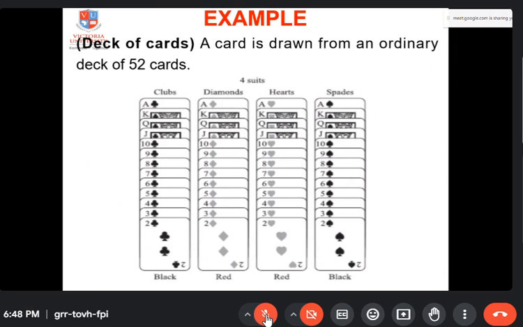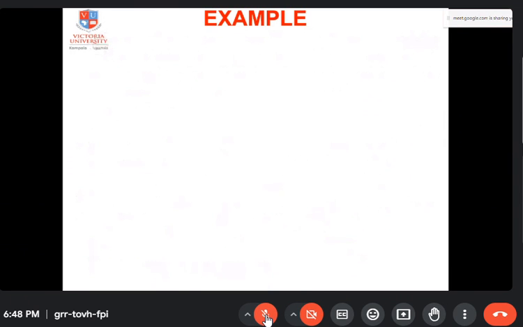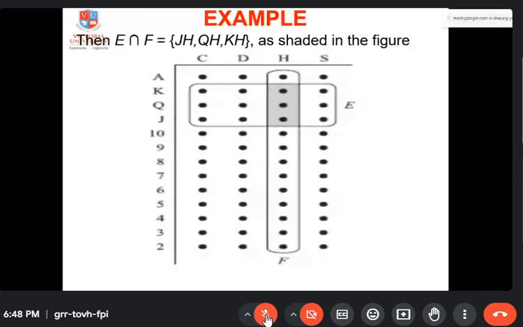They are also hearts. Because if we talk about the total for hearts, there are how many hearts? 13. Yeah? So we can talk about the intersection.